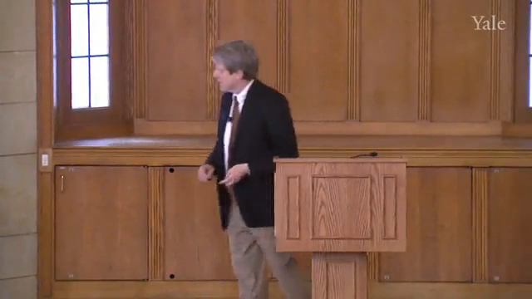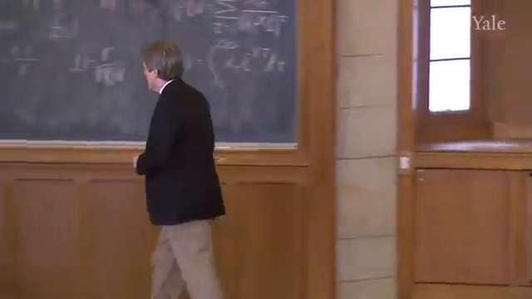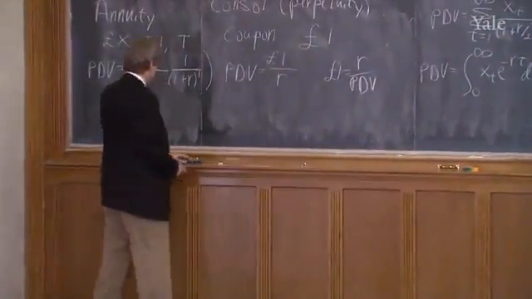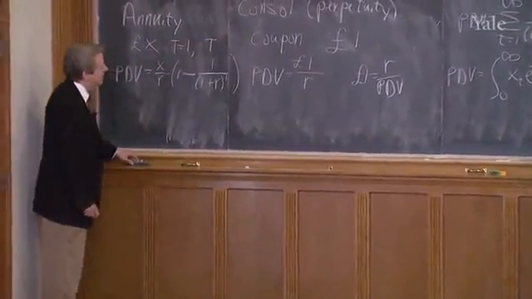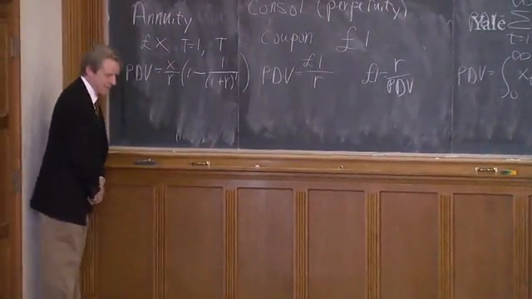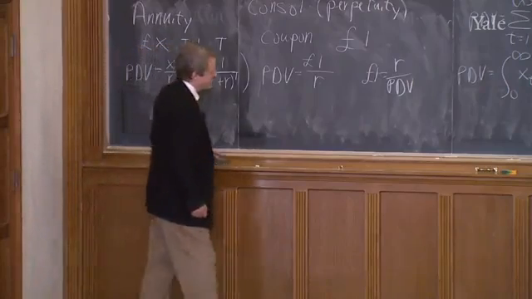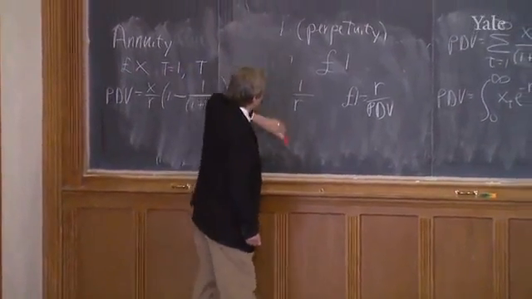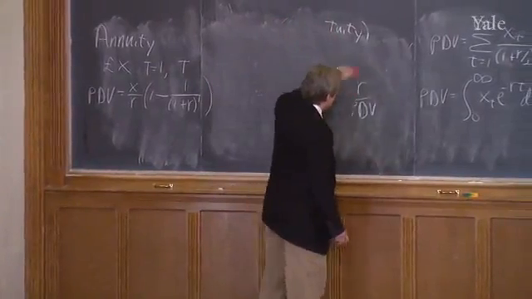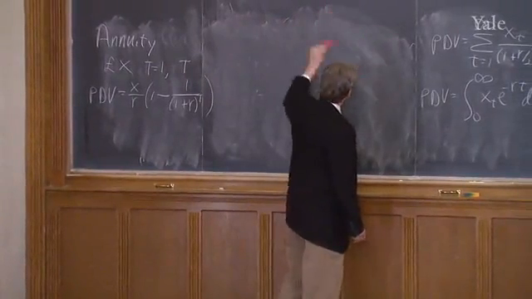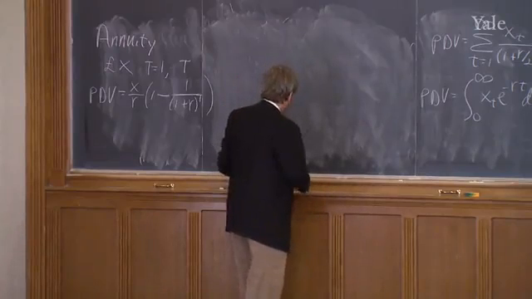The final thing I want to talk about is a corporate bond, or a conventional bond, which is a combination of an annuity and a discount bond. And so a conventional corporate bond or government bond pays a coupon every 6 months.